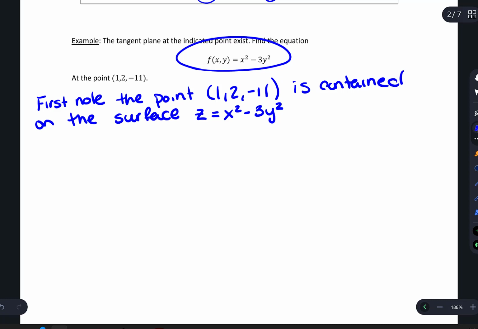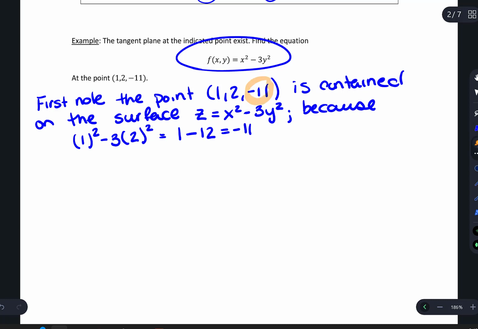We know that this point is contained on that surface because if we evaluate this function, we have 1 squared minus 3 times 2 squared, which is equal to 1 minus 12, which is equal to negative 11.